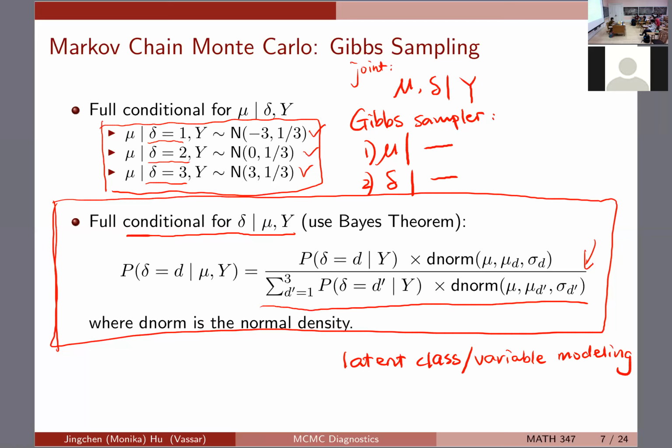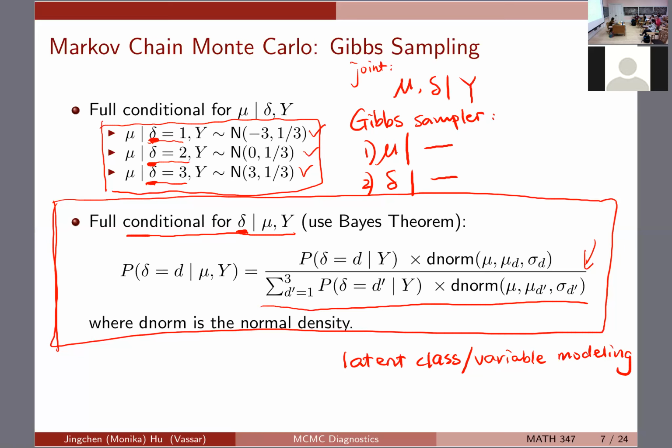The name probably tells you something about it already. It's latent, it's underneath. It's something that you don't observe, but you're trying to introduce it into the modeling to facilitate the sampling or facilitate the computation. So let's think about this. This delta that we introduced as an indicator can really be thought of as a latent class indicator in some way. Suppose you don't observe this delta at all. We only observe the y.